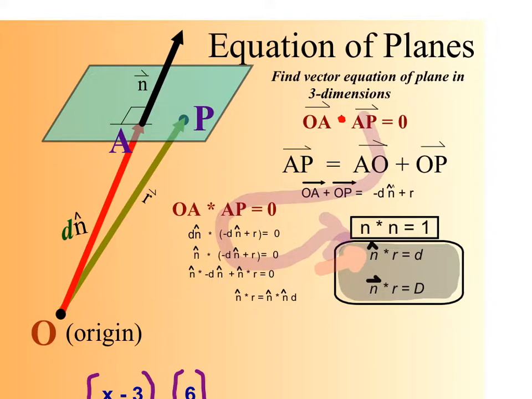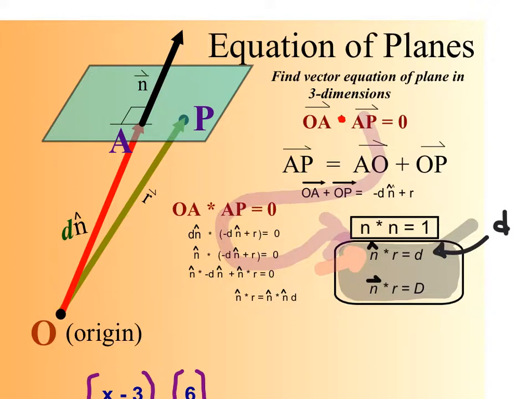R is just the plane, which would be ax plus by plus cz plus some constant. And this lowercase d is going to be a distance.